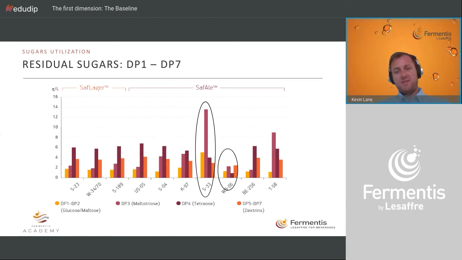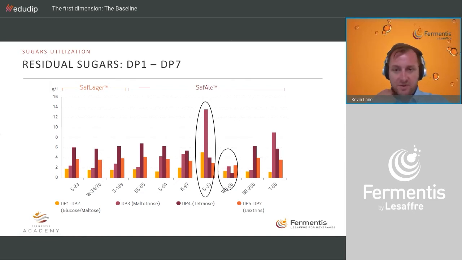And you can really see a significant difference between the ale strains in terms of the residual sugars at the end of fermentation. Here we are lacking a few strains. This chart was put together before we released B134 and H18 and a few others that we'll talk about in the coming slides.